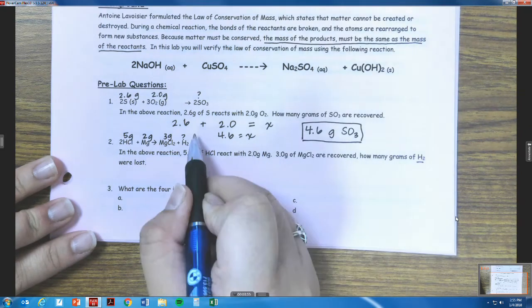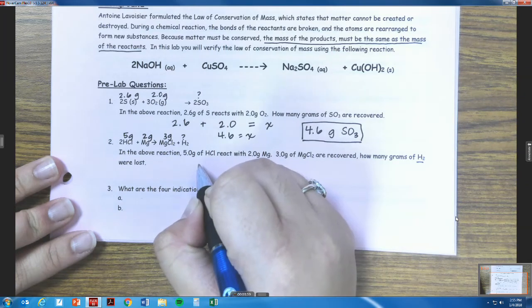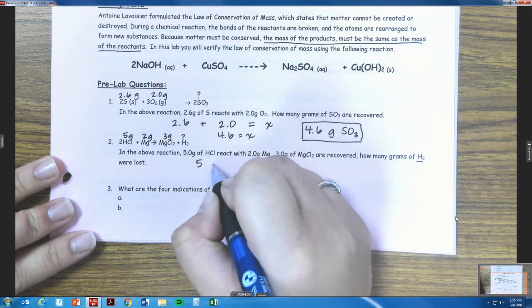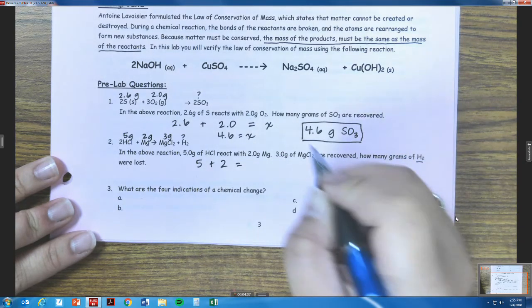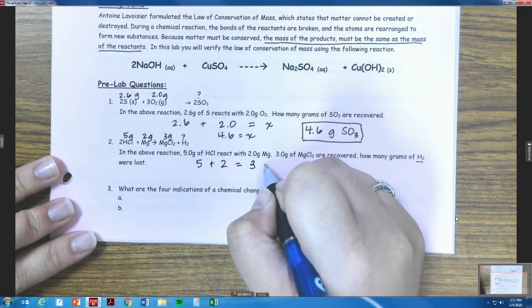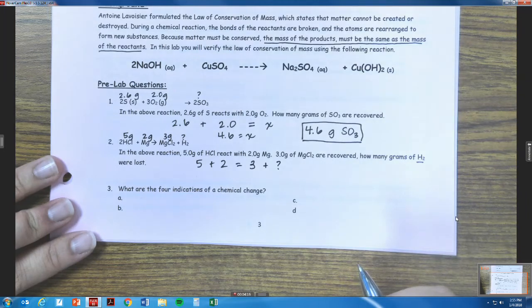Okay, so again, I'm going to rewrite my problem algebraically. So our reactants, it's going to be 5 plus 2, and that has to equal the mass of our products also. So that's 3 plus our unknown mass, or that should be an X rather.